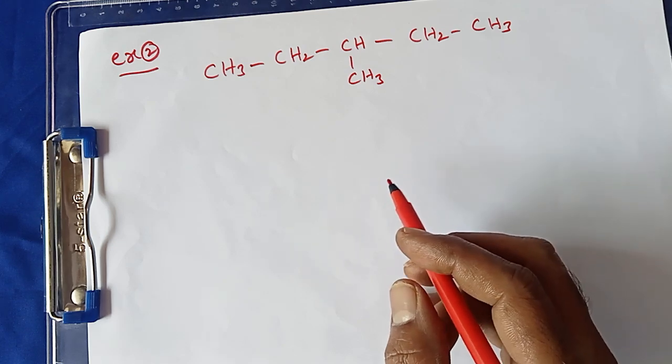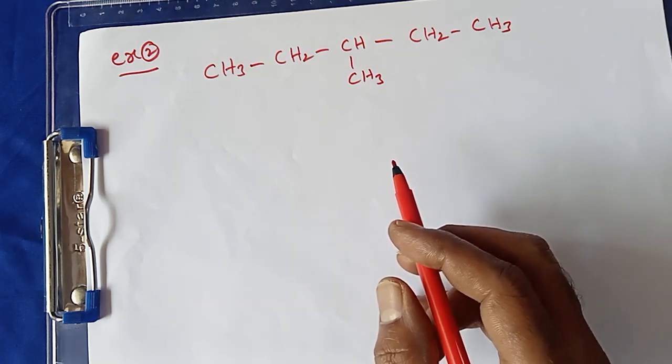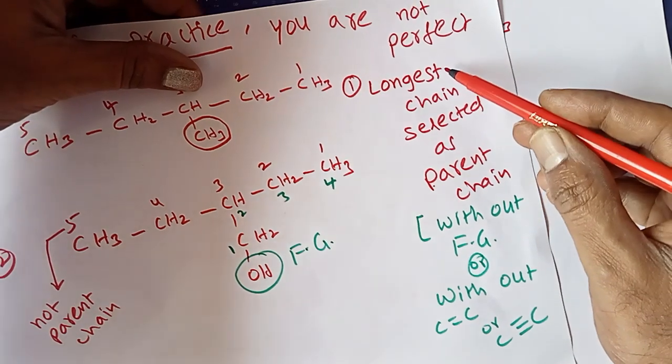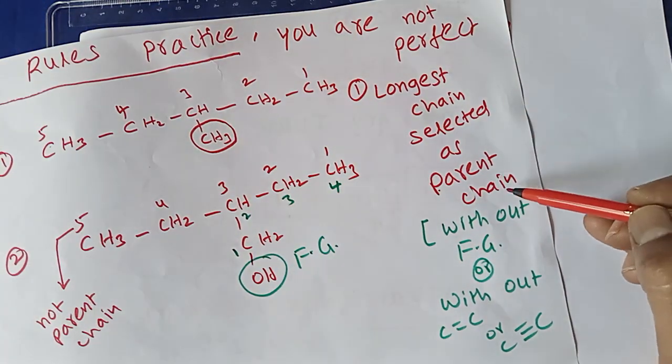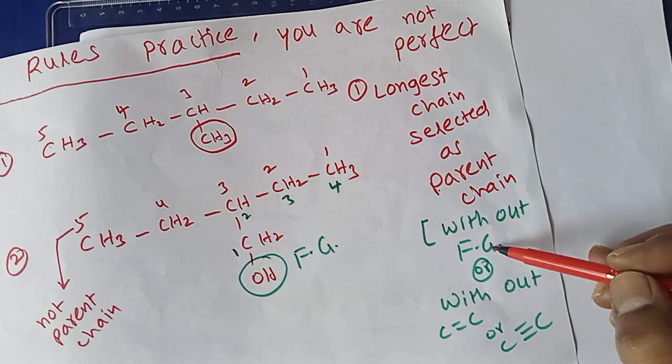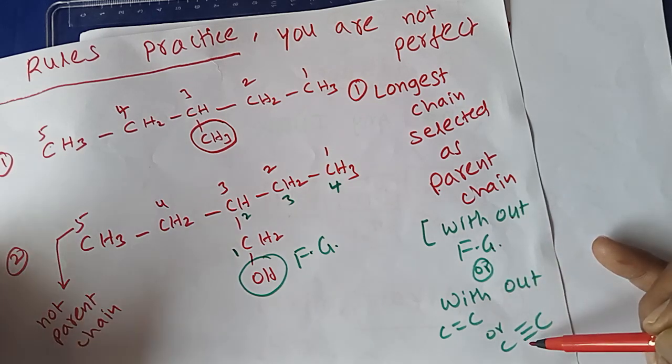So what is the rule? Here it is the same rule only. The longest chain is selected as the parent chain without functional group or without double bond or triple bond.